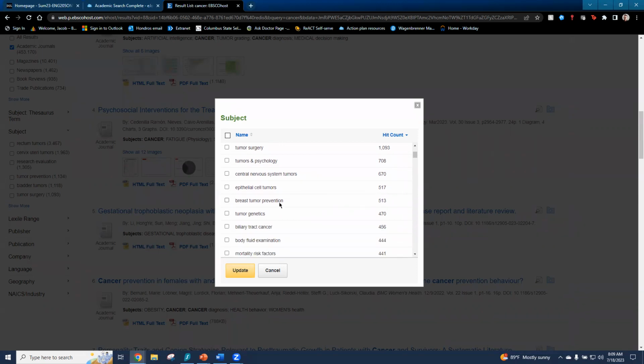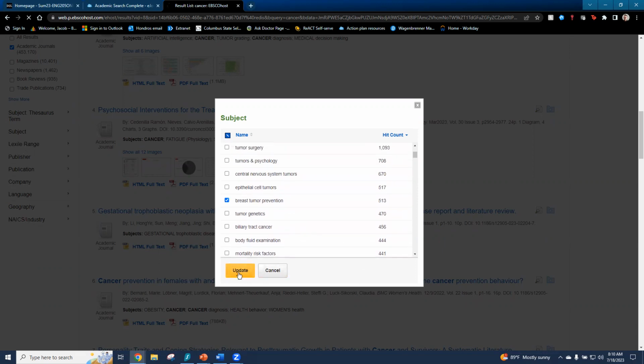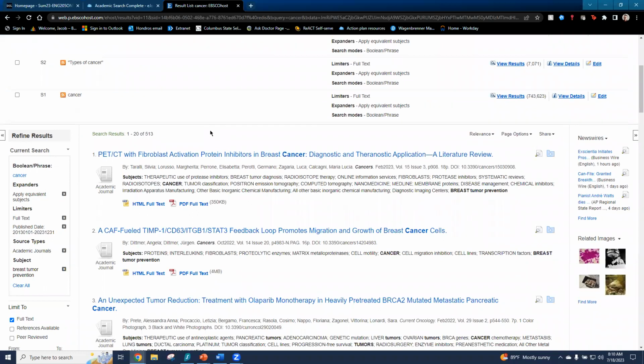Or maybe I am specifically interested in breast cancer, so I can hit this, breast tumor prevention. Once I've selected all the terms that I'm interested in, I'm going to hit update. And it's just going to show me articles with that subject. So that's another great way to both limit your search results and also get a feeling for what kind of sources are out there. Like, what do you have to work with?